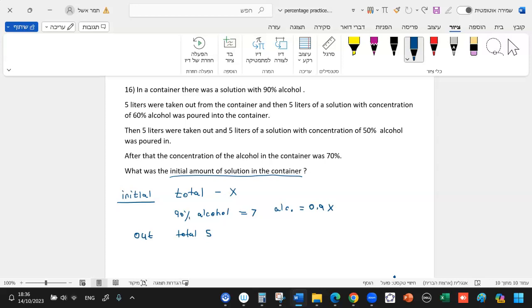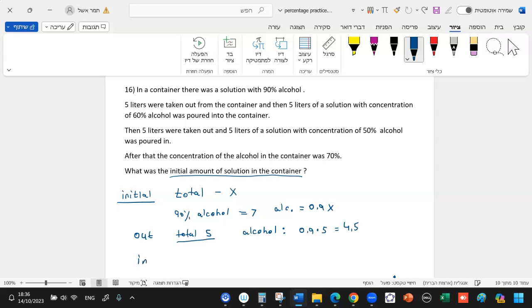How much alcohol we took out? That's the concentration of 0.9 times 5. That's 4.5 liters was taken out.